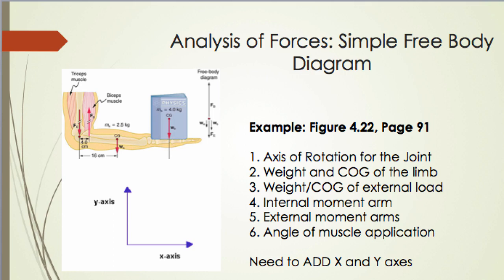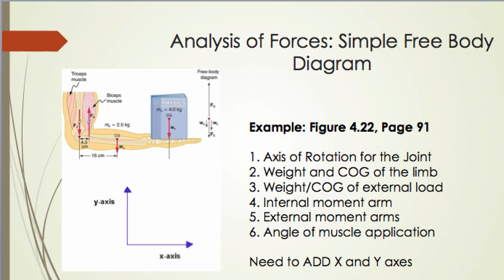Now let's look at weight, its center of mass, or gravity, and external load. So here we have the weight, signified by W, right? So here W, again, it's a downwardly pointed arrow because that's the line of gravity. You'll see that Wx is moving down away from the knee, and Wy is moving in a negative direction.